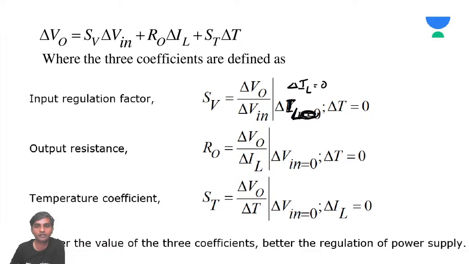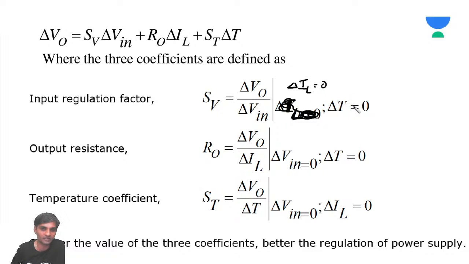Some print mistake happened. SV is the change in output voltage because of the change in input voltage, assuming change in load current is 0 and change in temperature is 0.